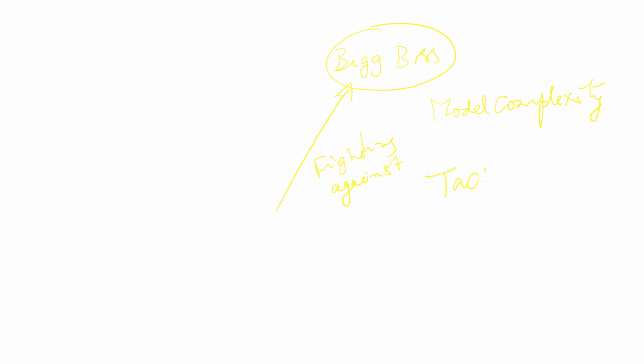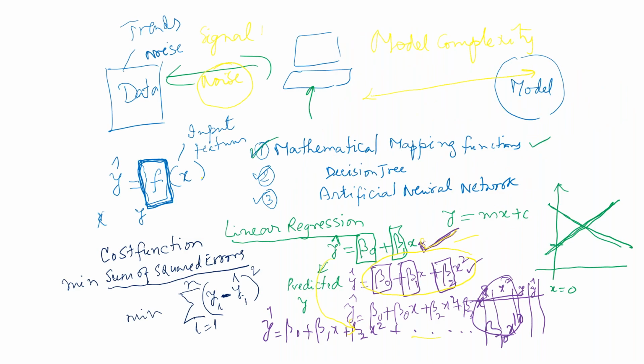That is why I said this is the heart of machine learning. As you build projects on a continuous basis, you apply tactics to fight against this big boss, and for machine learning it is model complexity. It is not an easy thing. That is why it is the most important concept. While doing projects, you will get a lot of clarity.